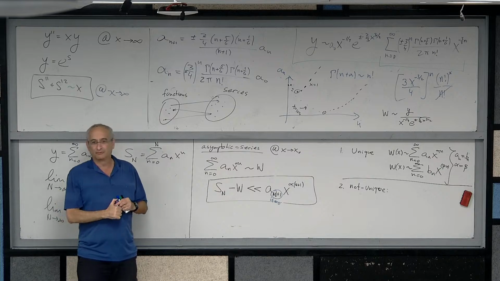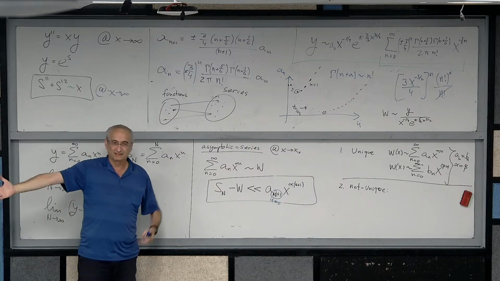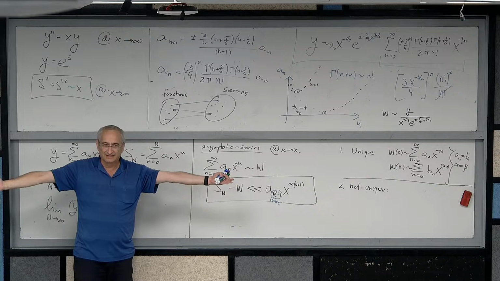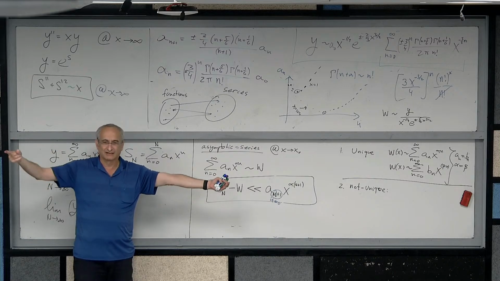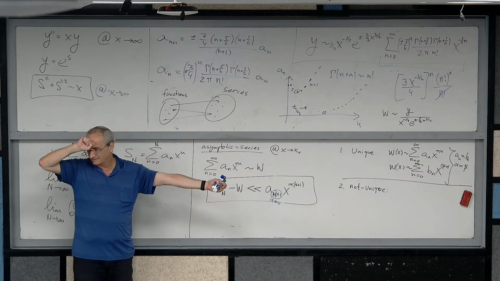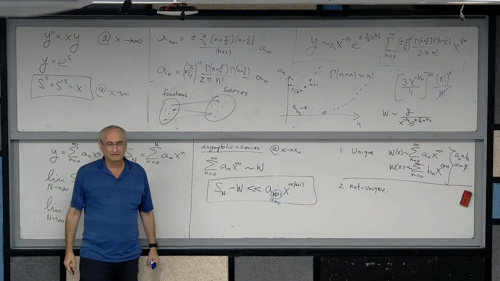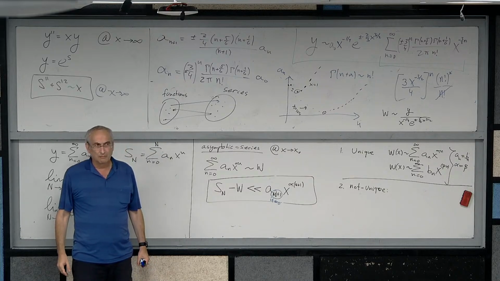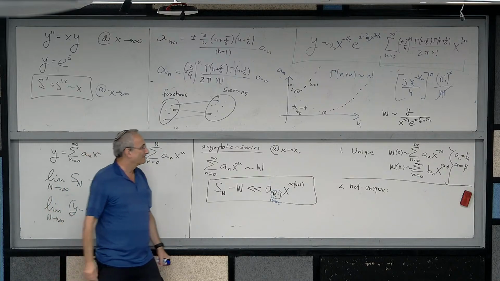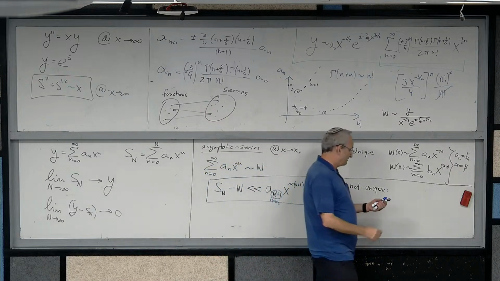So the map between the function space and the asymptotic series space is not one-to-one. I mean, the mathematicians have names for it. Not bijection. Whatever.